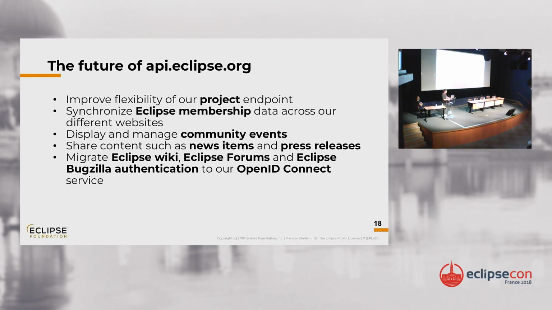We often need to update different events for different working group sites, and it's all currently done manually. So it'd be nice for us to be able to query our event endpoint and say give me all the events that are Jakarta.ee related, and the website will be automatically updated. And I consider this to be a useful tool for Eclipse projects that want to display project-related events on their website.